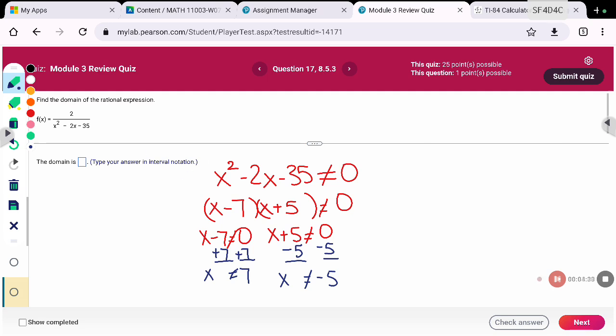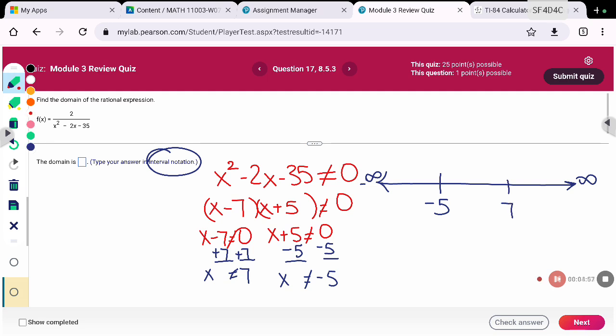You'll notice that it wants your answer in interval notation. So what I like to do is draw out a number line that has all the numbers from negative infinity to positive infinity. And then I'm going to put my restrictions on that number line in the order that they come. So negative 5 would come first and then 7.